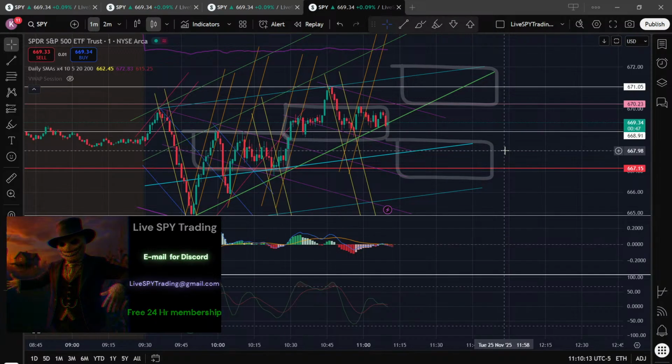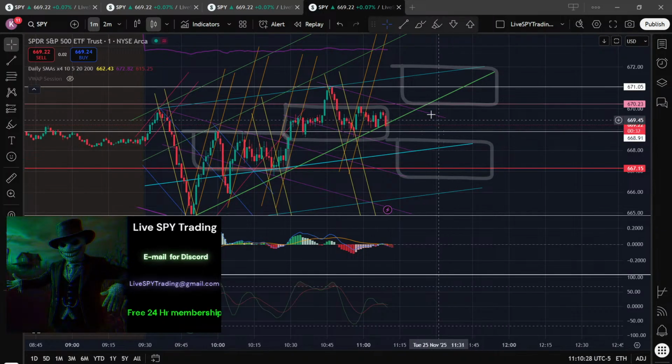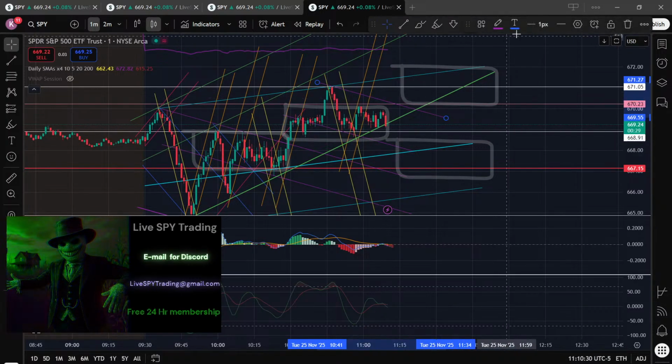So we want to be under green and also under white for puts, and then hopefully the puts will get us to red. To the upside, we're looking for a break of purple, hopefully to get us to white. So let's highlight it.